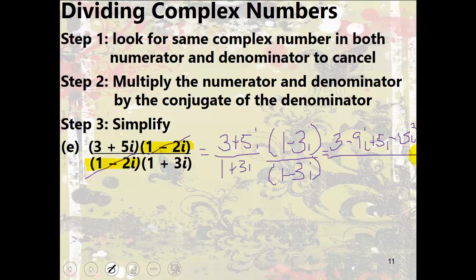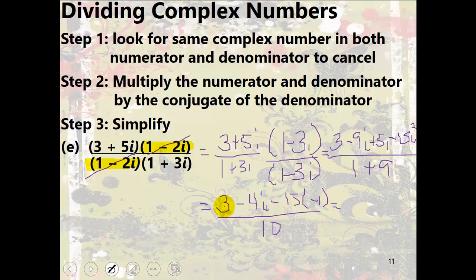And then I'm going to do my quick conjugate multiplication, and I'm going to get 1 plus 9 in the denominator. Now I'm going to simplify. I get 3 minus 4i, and then minus 15 times negative 1 over 10.